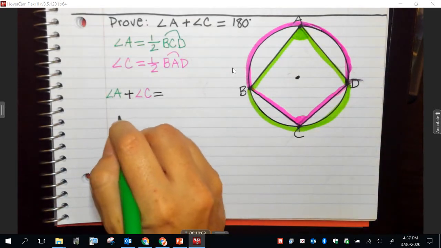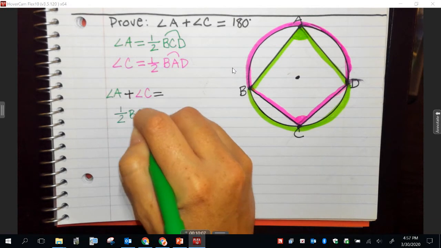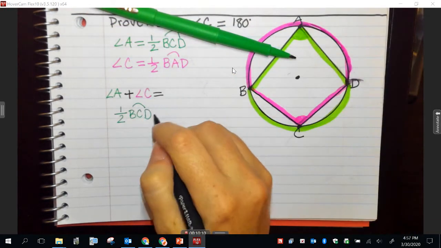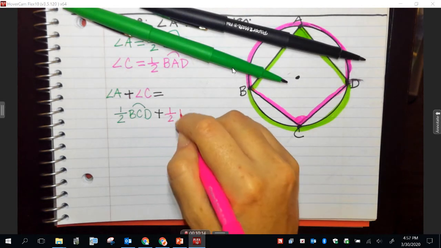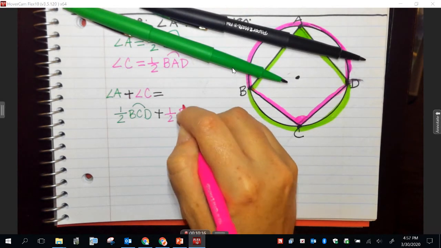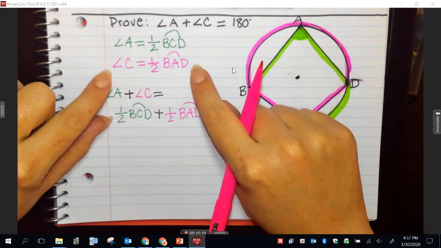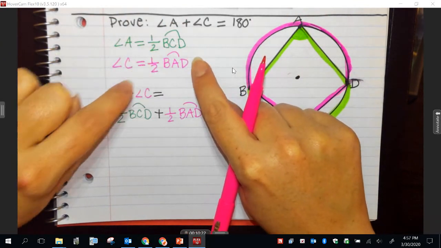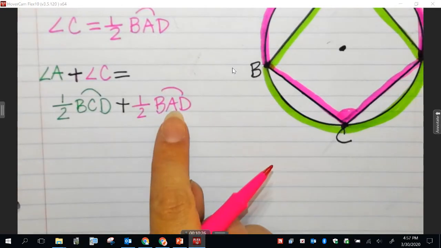So really this is equal to 1/2 BCD plus 1/2 BAD. So basically I'm just substituting in what we said angle A and C were, 1/2 of BCD, 1/2 of BAD, substituting that in there and there.